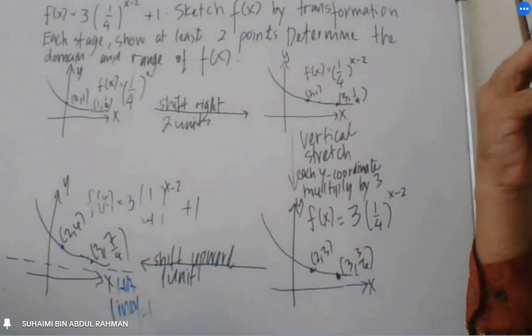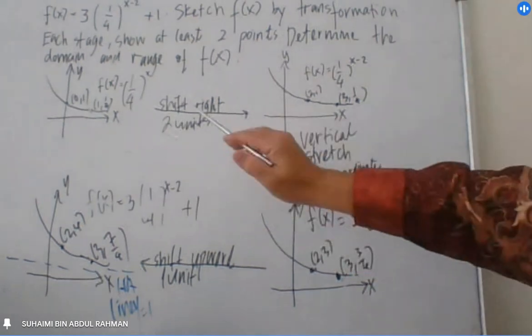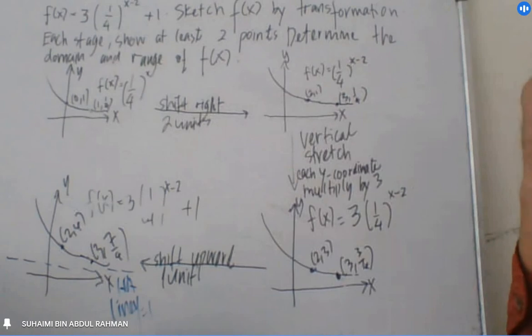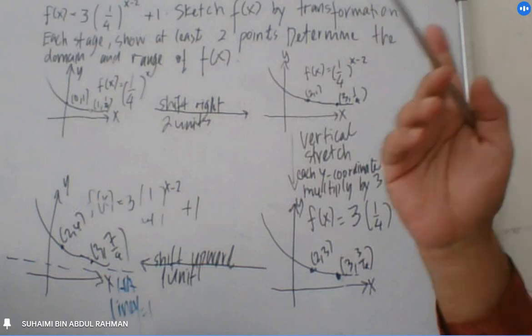Any questions so far? Transformations: we have 1, 2, 3. Only 3 transformations. Even though we have 4 types of transformations, it means that one of the transformations is not involved.